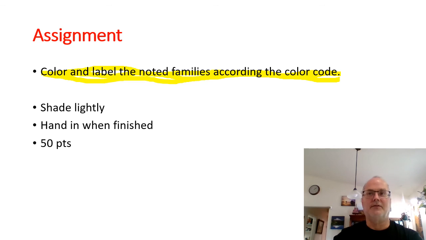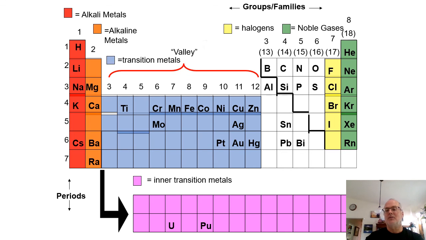You can just photograph it and turn it in. So when finished, I should see a periodic table that looks very similar to this for the family color coding, that you have put in the different symbols that are on our list in the correct spot where they belong. So it should be this, and they should be color coded.